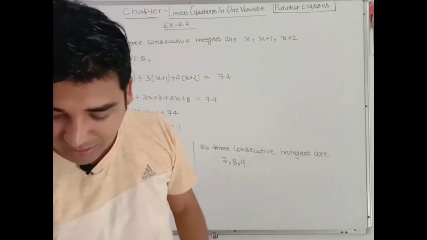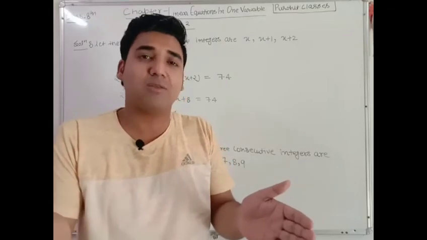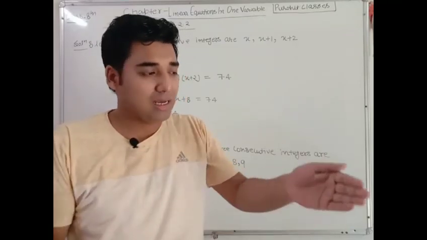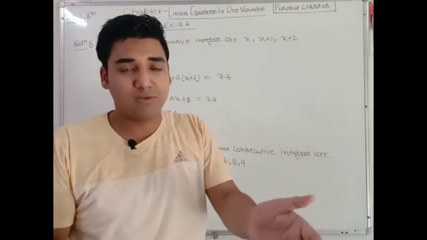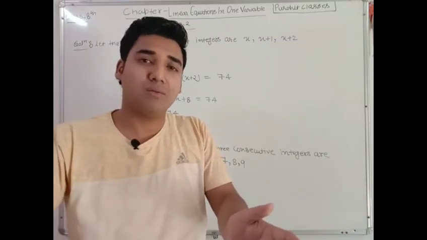It says when they are taken in increasing order. If I arrange x, x plus 1 and x plus 2 in increasing order, then x will be the smallest, x plus 1 will be the middle one, and x plus 2 will be the greatest or largest.